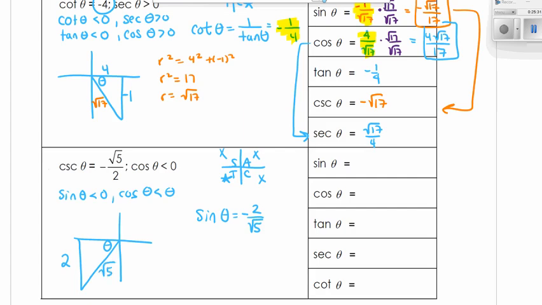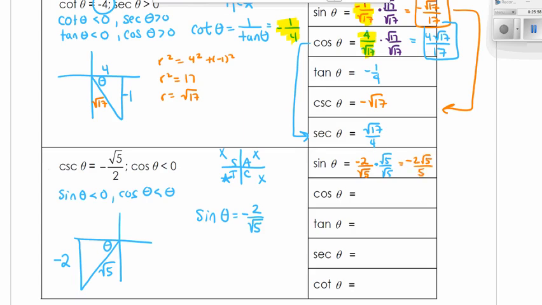Now remember, the hypotenuse is always a positive length from the origin to the point. So that means that the negative, because this is in quadrant 3, has to go with the y value. So when we rationalize for this value, we have -2 over root 5, and then multiply that by root 5 over root 5. We get -2 root 5 over 5.